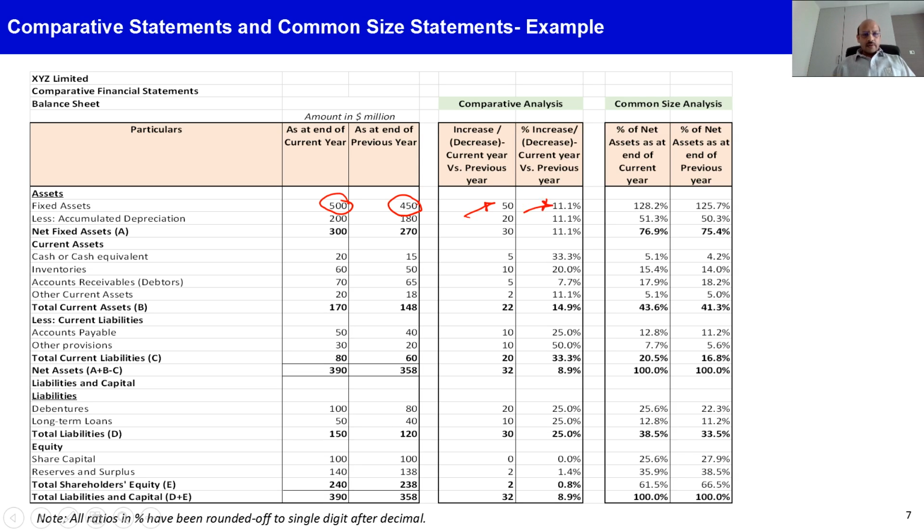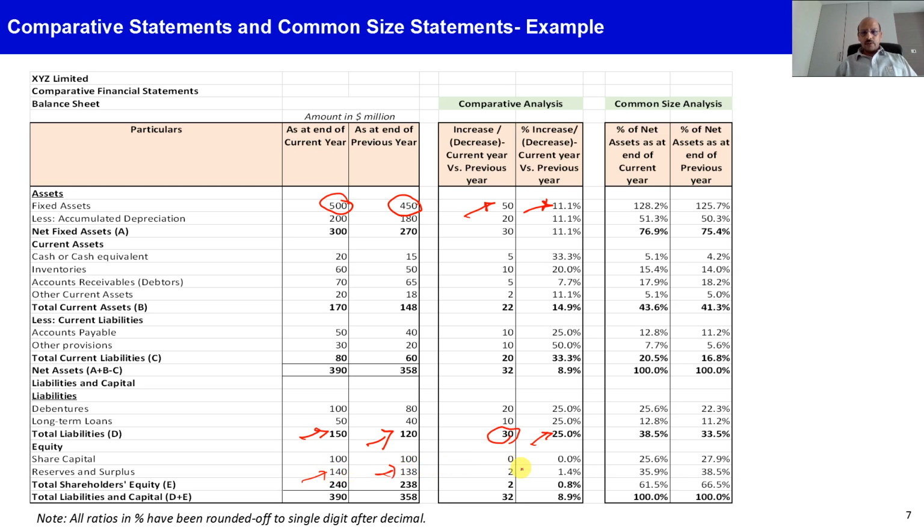Now if we take long-term liabilities, total liabilities were 120 in the previous year, which has increased to 150. So the increase is 30 and the percentage increase is 25%. Reserves and surplus have increased marginally from 138 to 140.